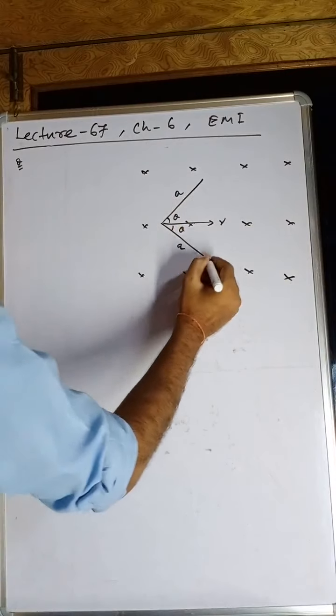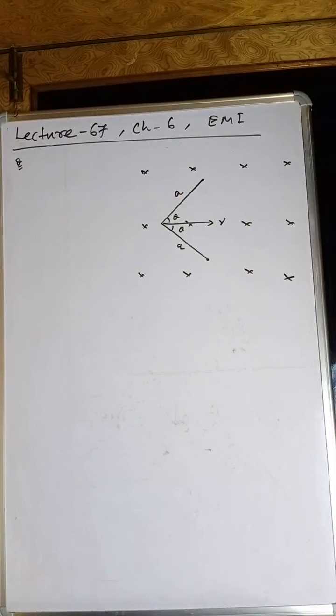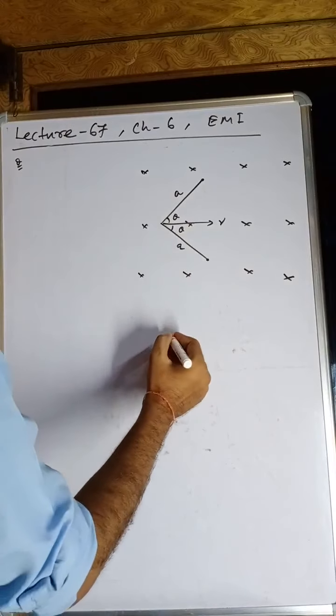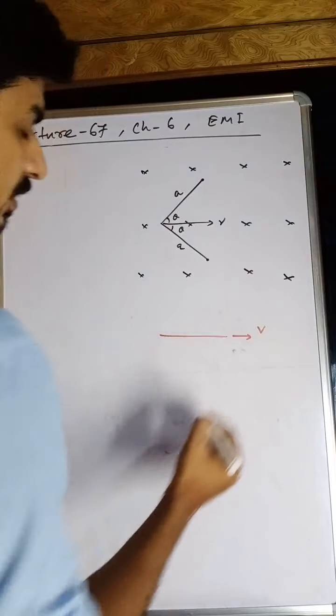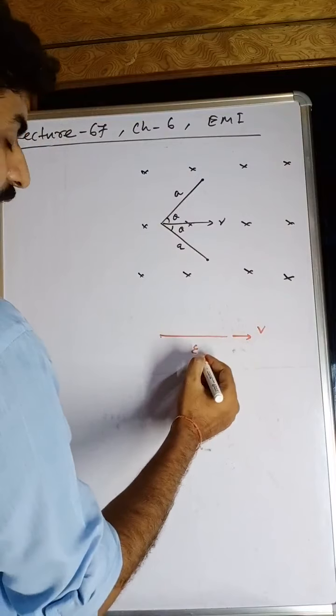Now between the two ends of this entire system, what will be the EMF induced? You have to find how you will solve this question. My dear student, we know that if a rod is in this way and you are giving the velocity v, there will be no EMF induced between these two ends.